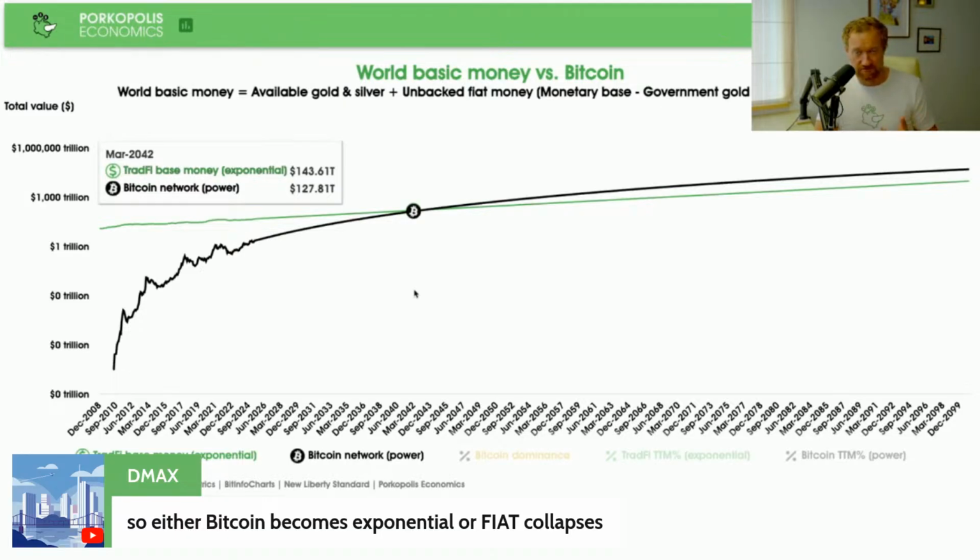Everything grows exponentially. You need exponential salary growth. You need exponential growth in your business. You need exponential growth in whatever. But how would that work in a monetary world where there's less and less sats to go around, less and less Bitcoin to go around? You can't square it.